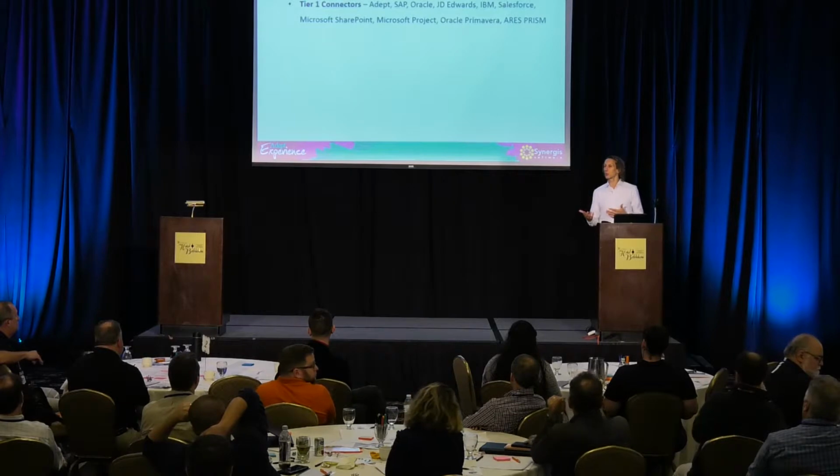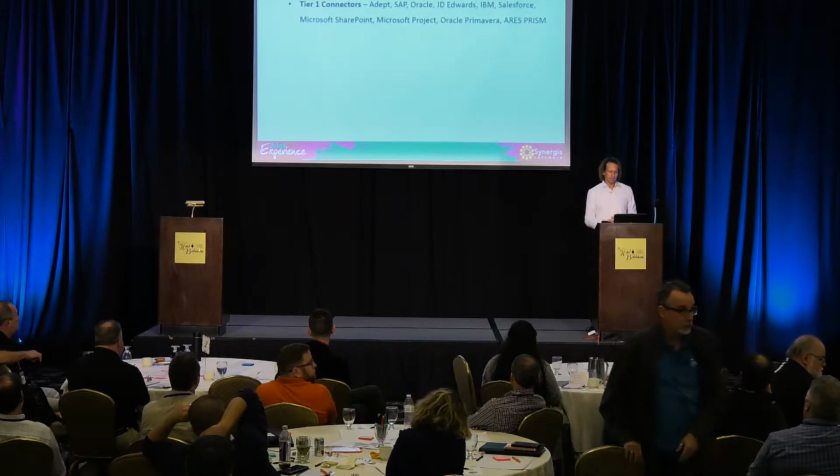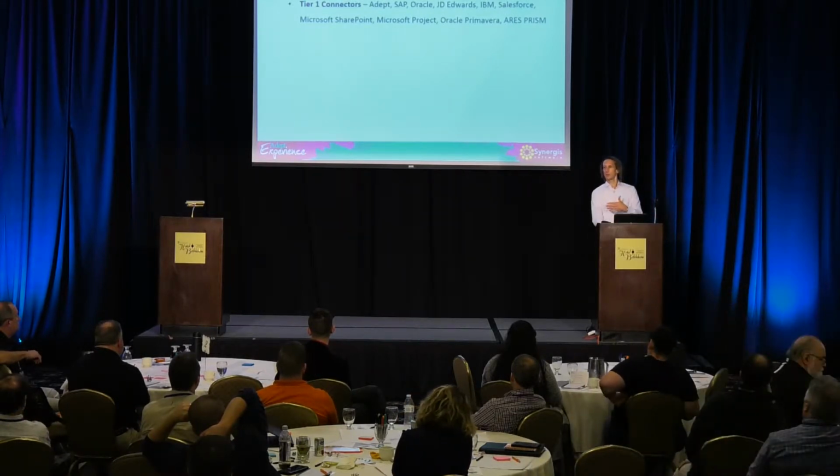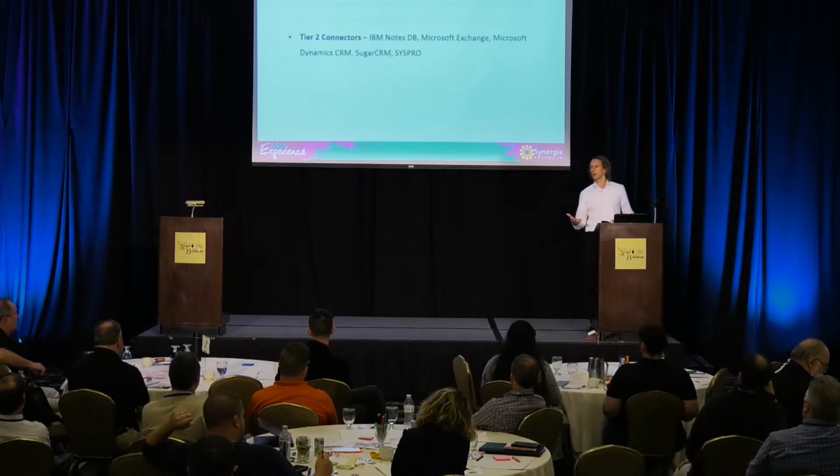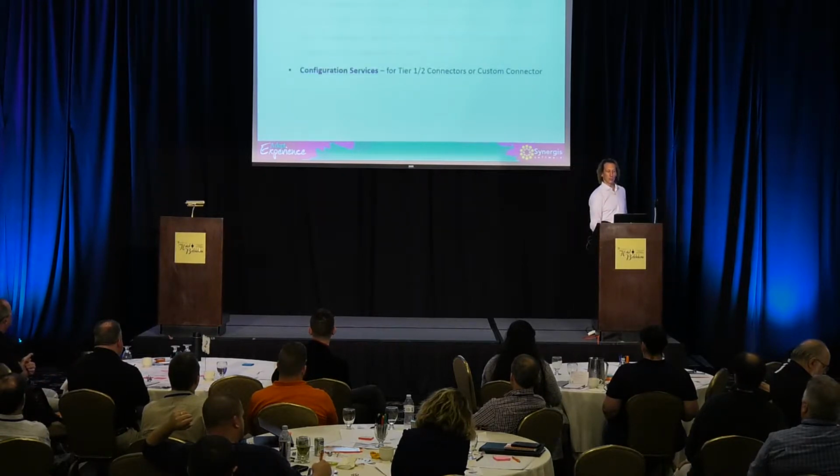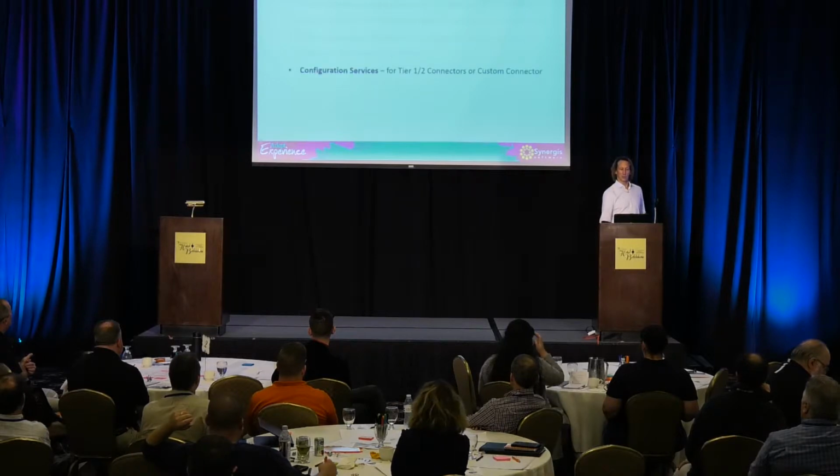Then you would need that Tier 1 connector if we have one. Tier 1 simply means we've done a lot of work with it. It's a pretty robust connection that we've built. If we don't have a Tier 1 connector for your business system, then there may be a Tier 2 connector for that application. And if we don't have that, then we get into a custom connector.